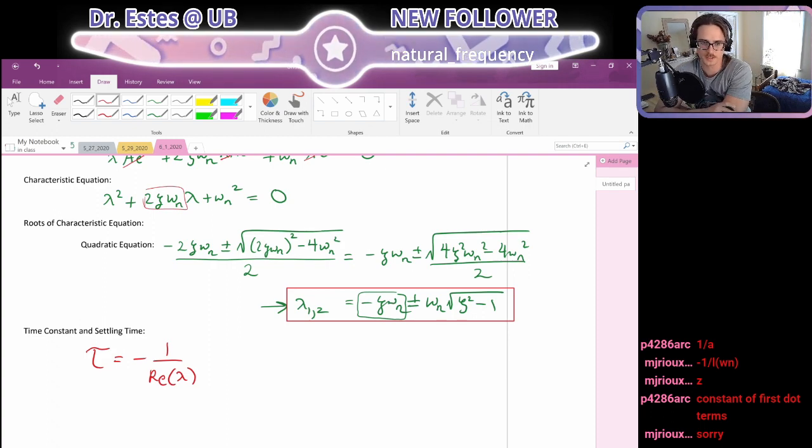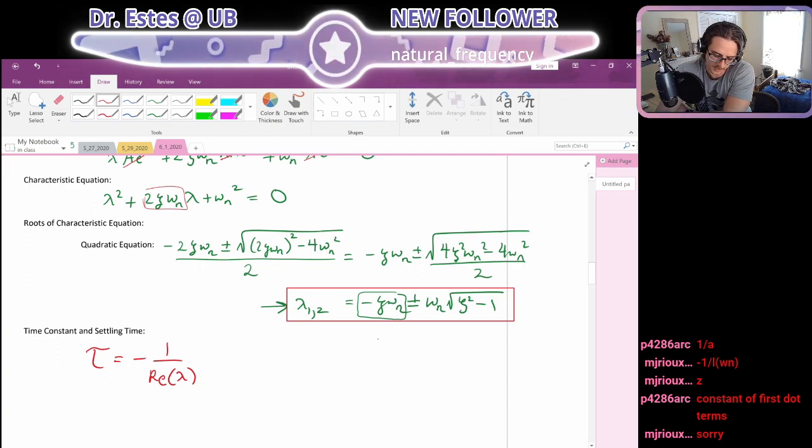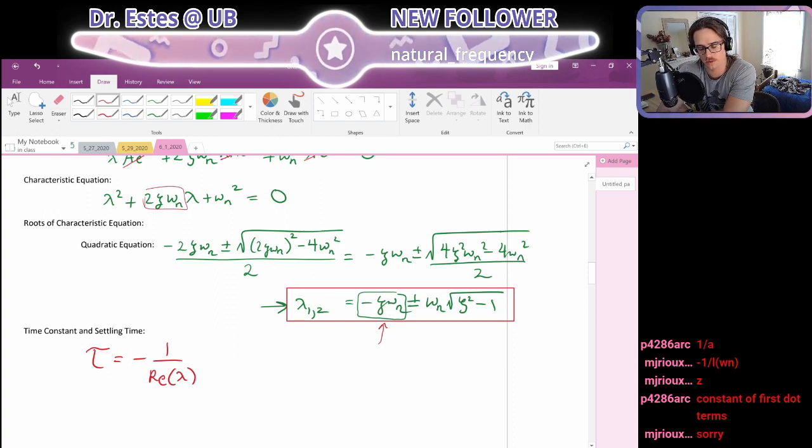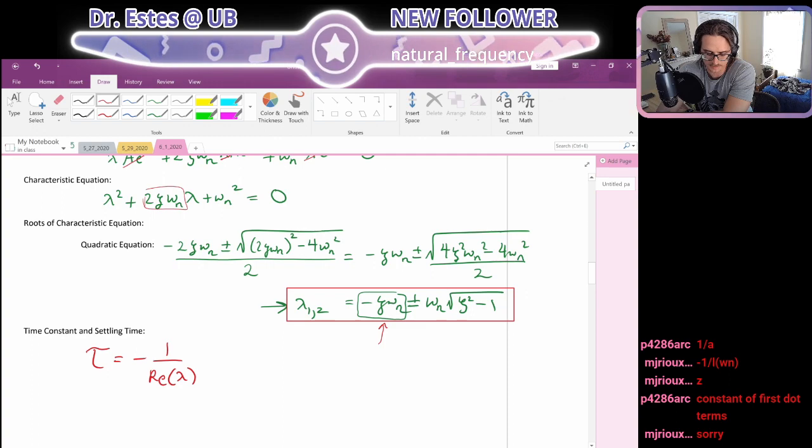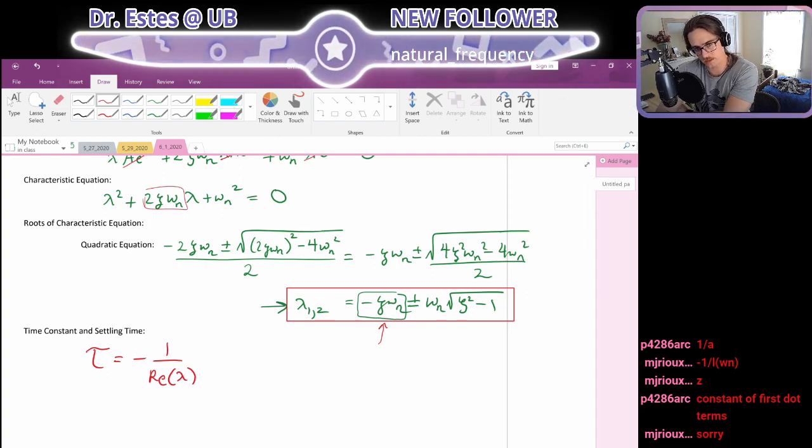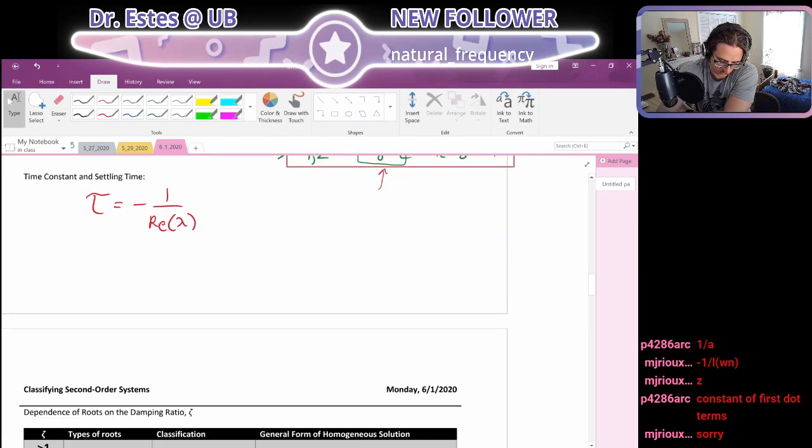We're going to have to come back to this because this right here will be the real part for an underdamped system. All right, we'll come back to this because it's important.